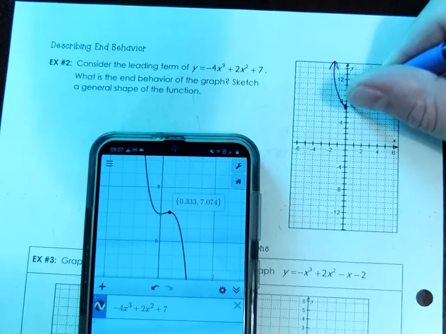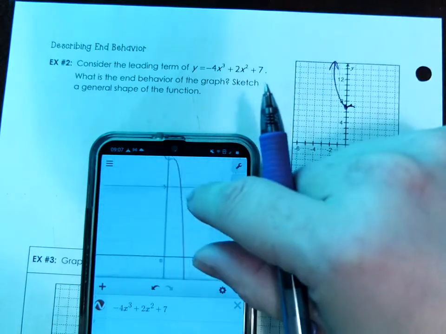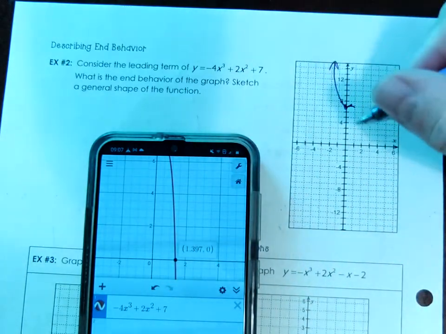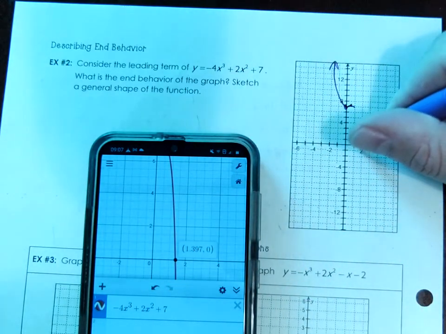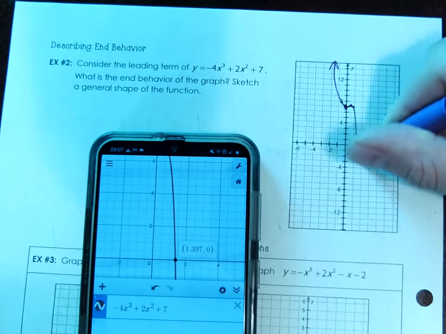So right here. And it's going to point down from there. If I want to, I can zoom out and see where it crosses the x-axis too. So it crosses the x-axis right there at 1.4, comma 0. So here's my general sketch of the graph.